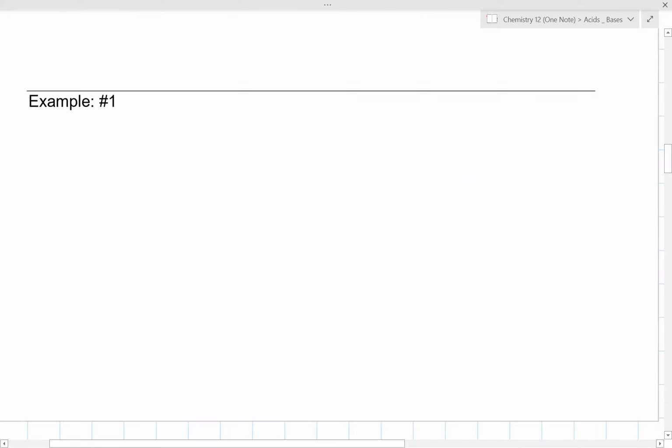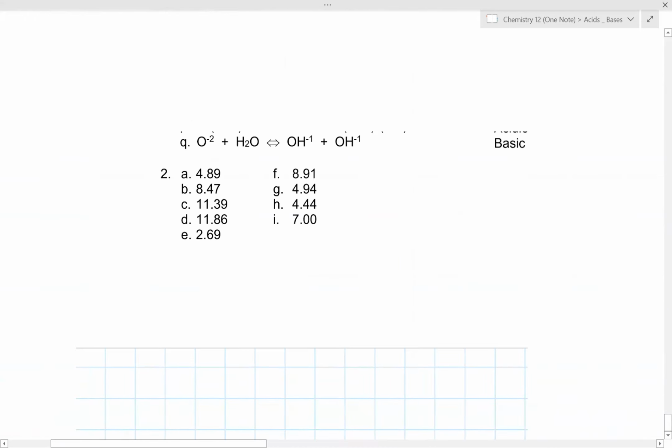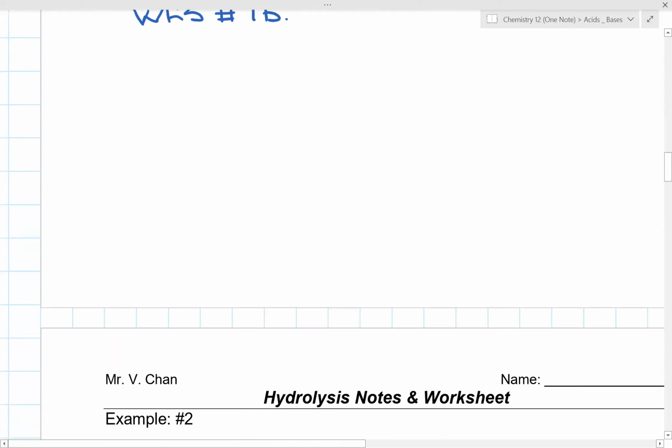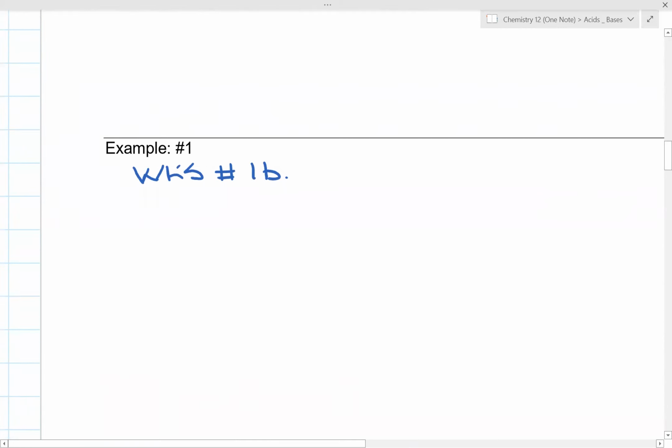Let's say we take a look at our worksheet, worksheet number 1B. It says, write the hydrolysis reactions that occur when the following substances are added to water.